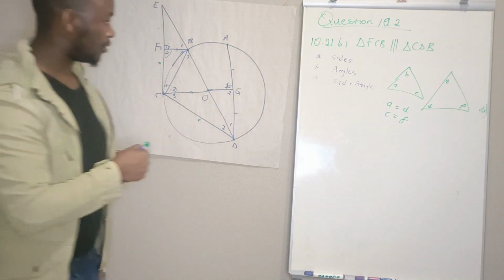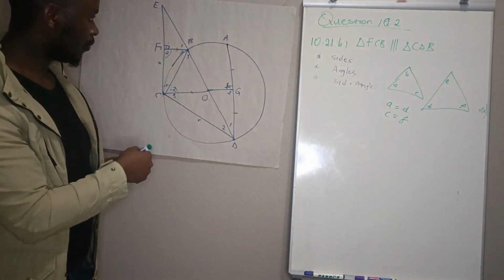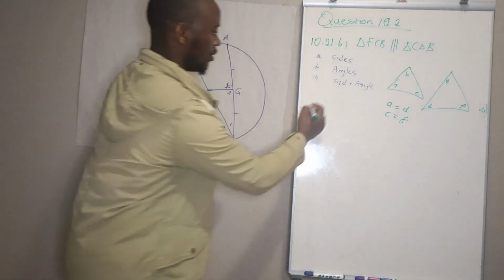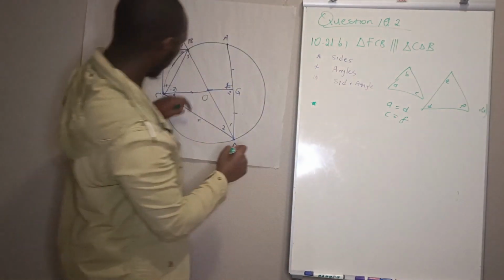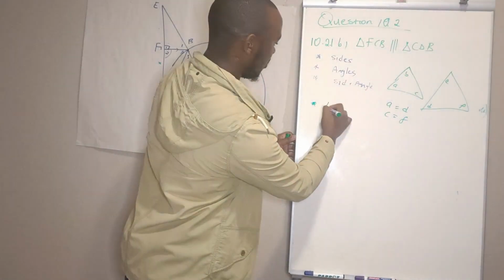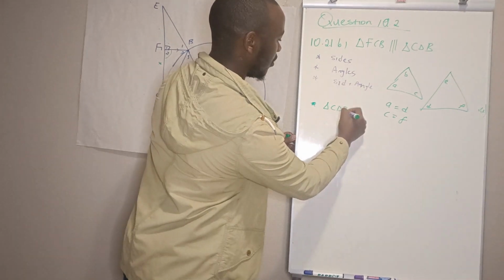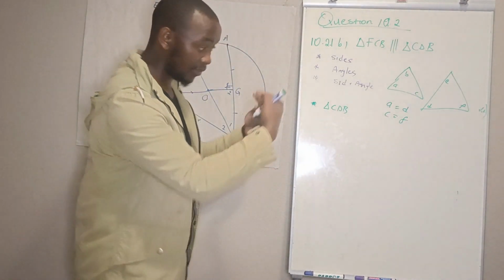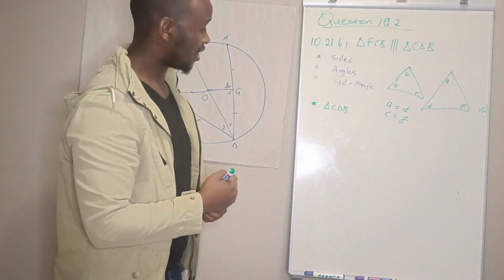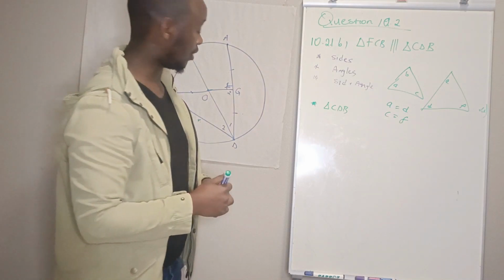The second one, so we can look at triangle CDB. This is purely for your benefit. You can even put this on your script just to make sure that the marker understands how you're thinking.